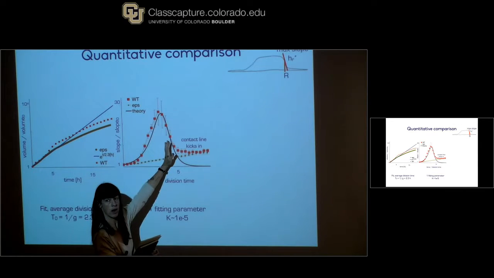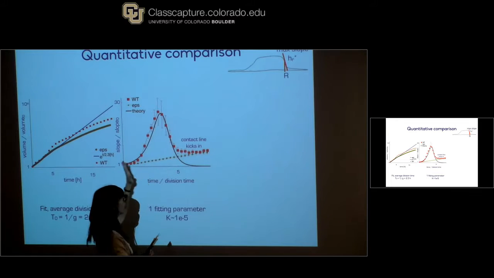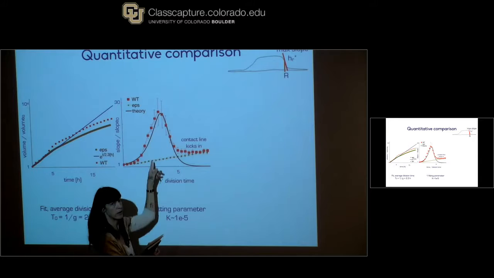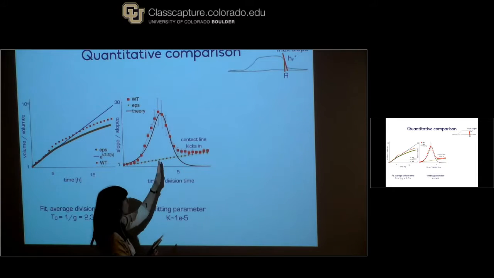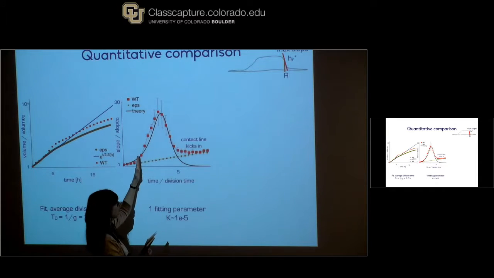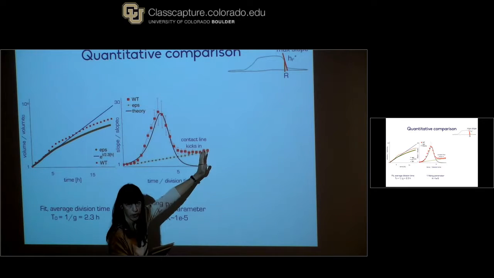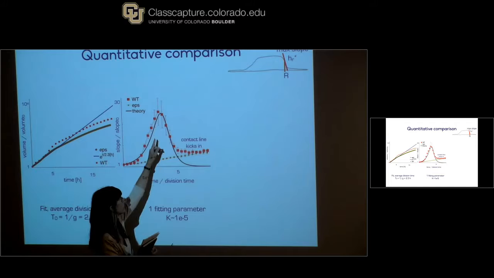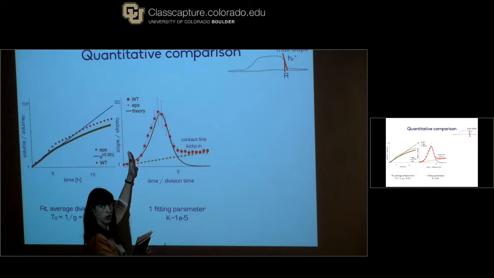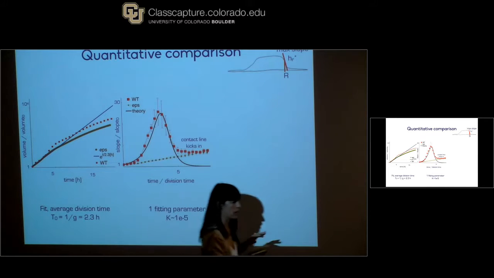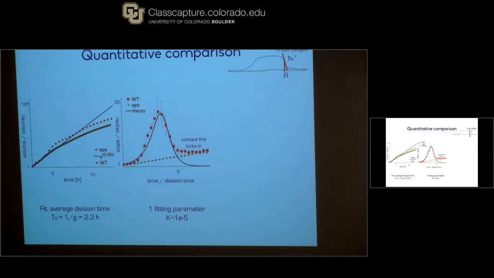The second one is K. And what K determines is the moment of this transition. So K small will put that transition off, and K large will put this transition at an earlier time. And I'll tell you just in a second why this is true.